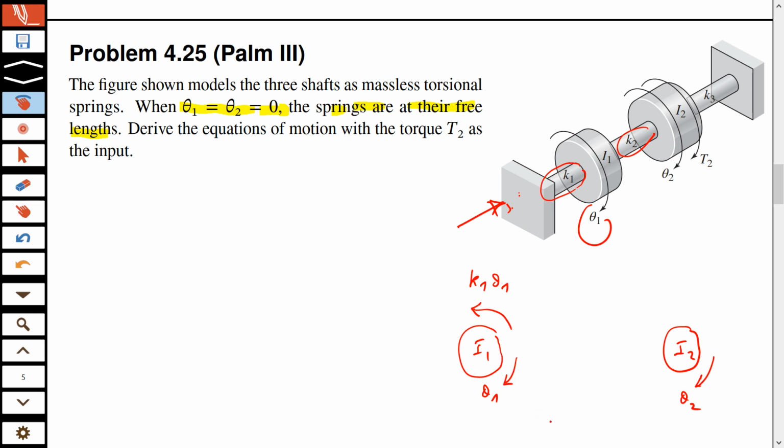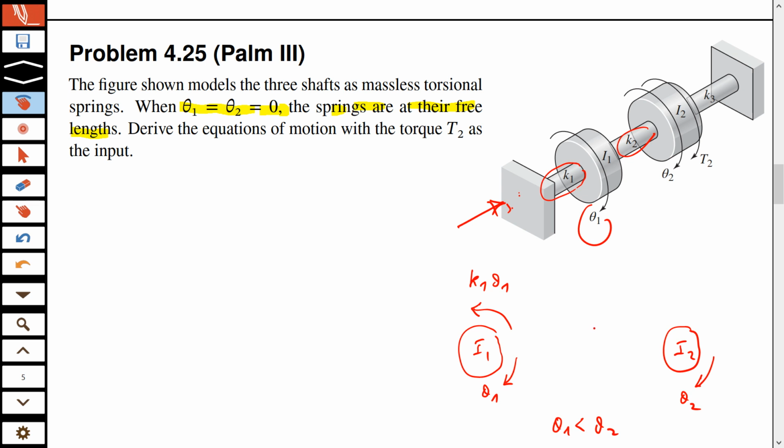So again, you have to make some assumption, and if you assume that theta1 is less than theta2, I'm just assuming that because I somehow guess that T2 will have some effect. So T2 may make theta2 greater than theta1, but you can still make the assumption. The opposite assumption is also good enough because you don't know the value. But let's stick with theta1 less than theta2. When theta1 is less than theta2, basically I1 will try to trail behind I2.